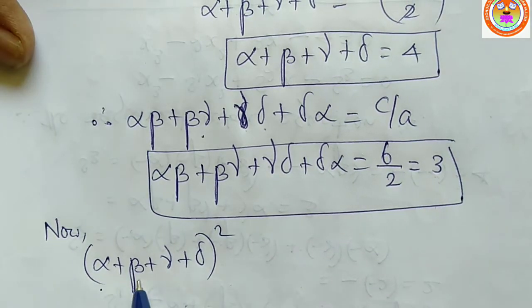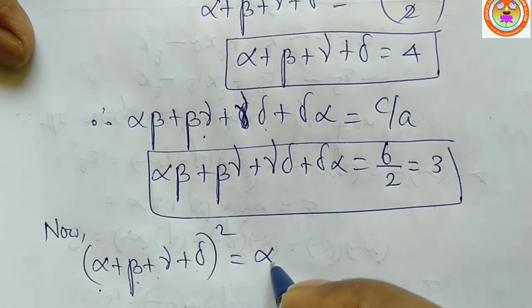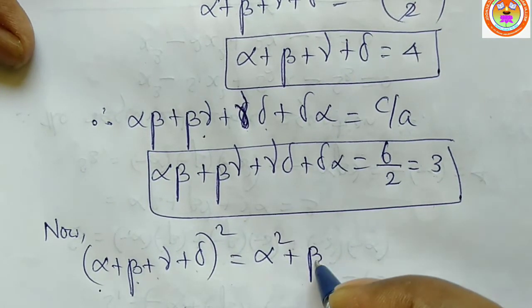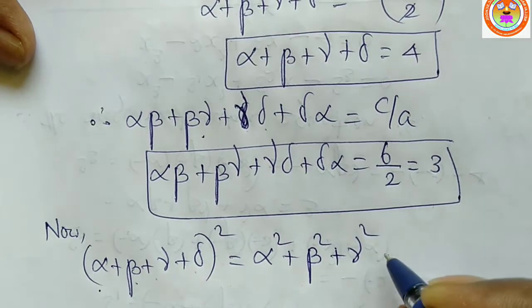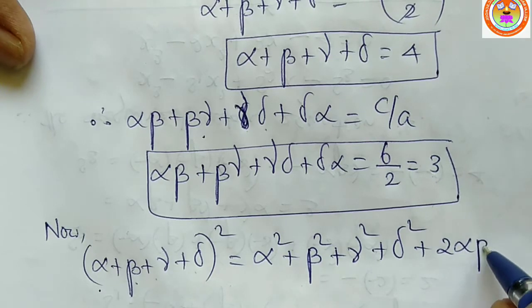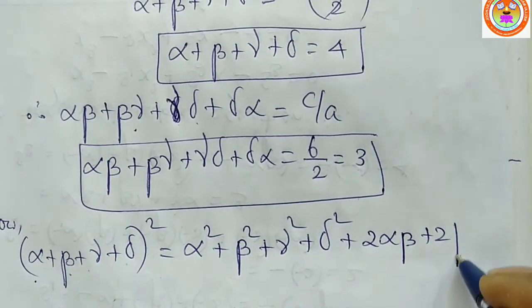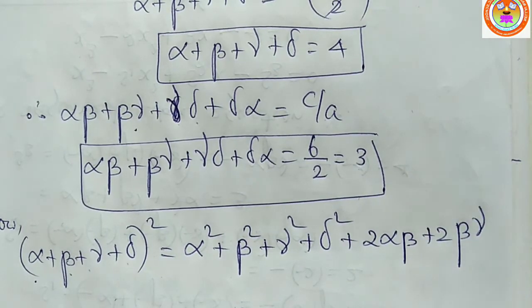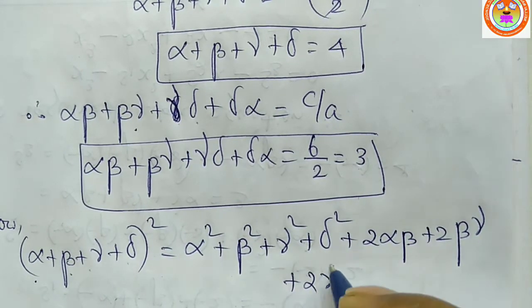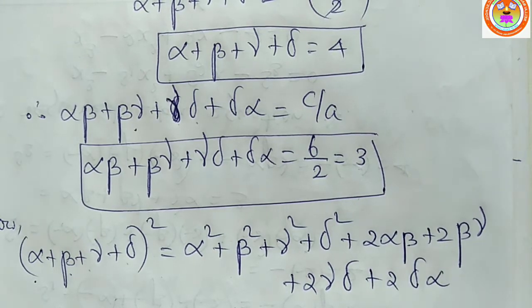Likewise, alpha plus beta plus gamma plus delta the whole square is equal to alpha square plus beta square plus gamma square plus delta square plus 2 into alpha beta plus 2 into beta gamma plus 2 into gamma delta plus 2 into delta alpha.